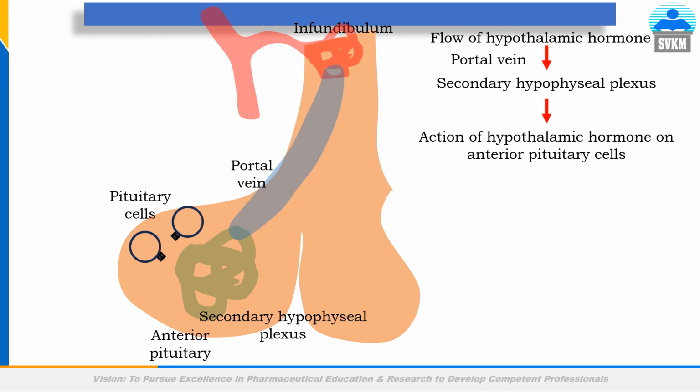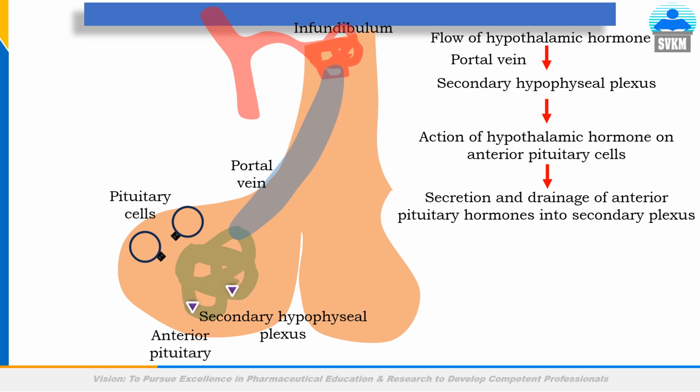The action of the hypothalamic hormone on the anterior pituitary cells causes the secretion and drainage of the anterior hormones again into the secondary plexus.